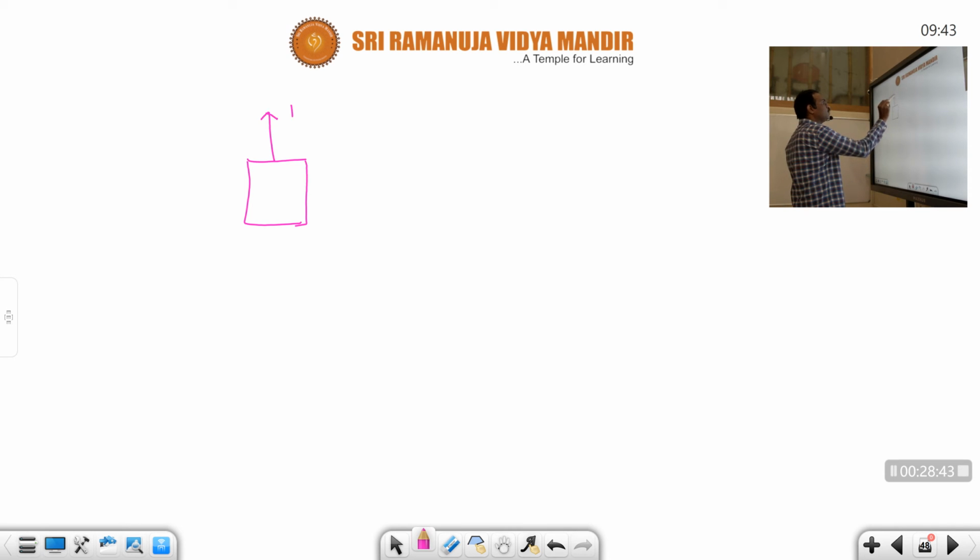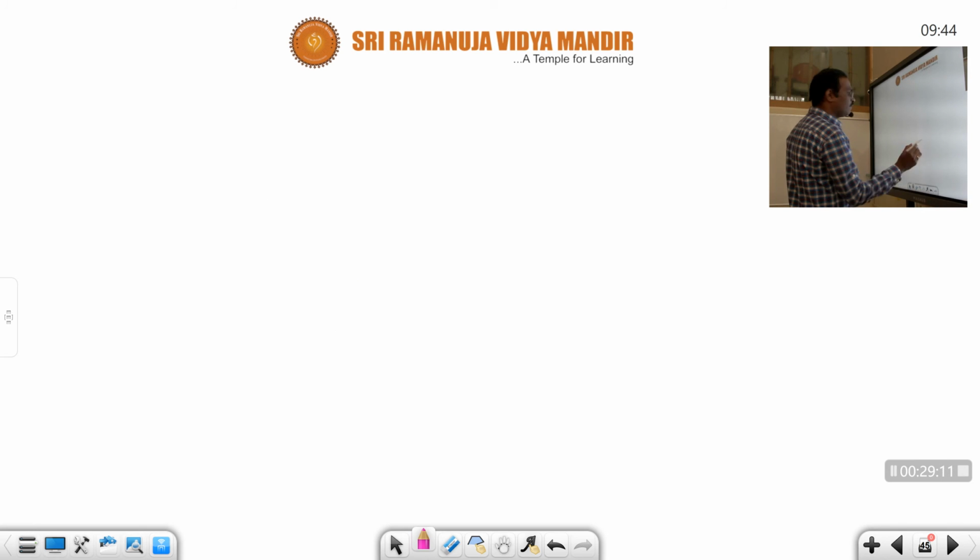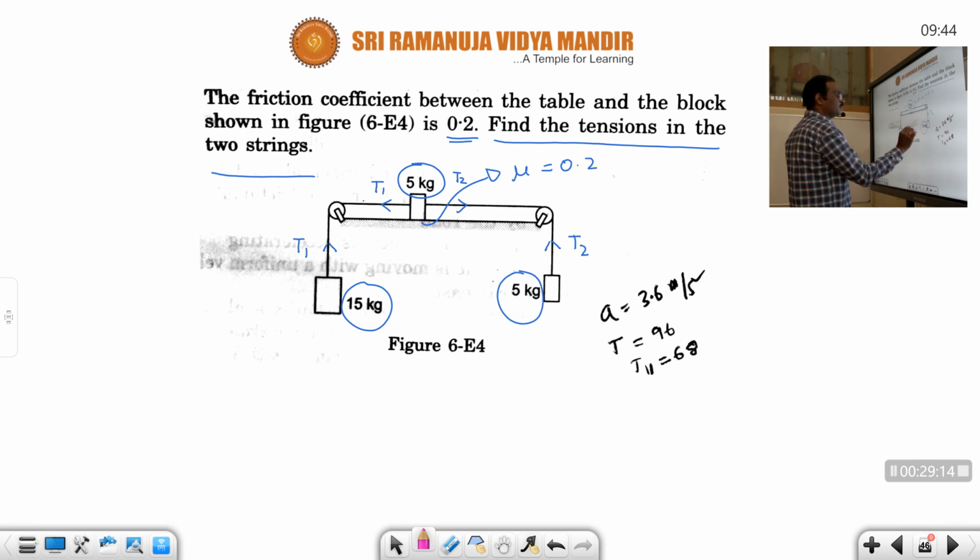Now tension T2 is acting in upward direction, and M3 G, the weight of M3, is acting in downward direction, and it is accelerating in upward direction, that is A. So the resultant force in upward direction, that is M3 into A, is equal to T2 minus M3 into G. This is the equation of motion for the 5 kg block: T2 is upward, M3 G acts in downward direction, and acceleration is in upward direction.